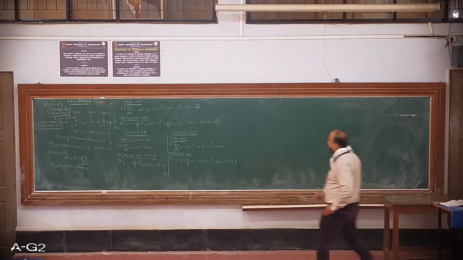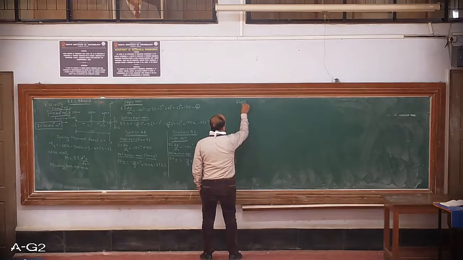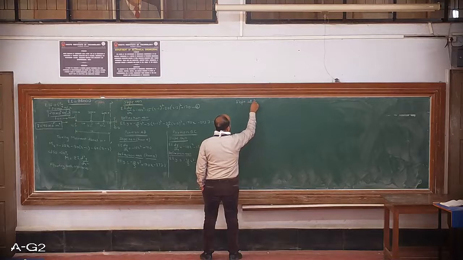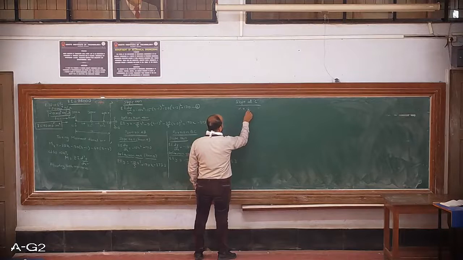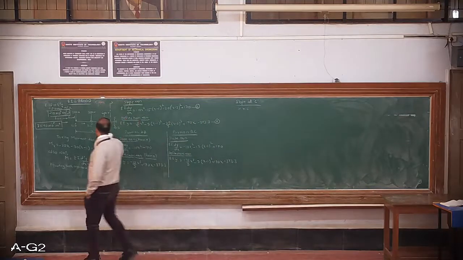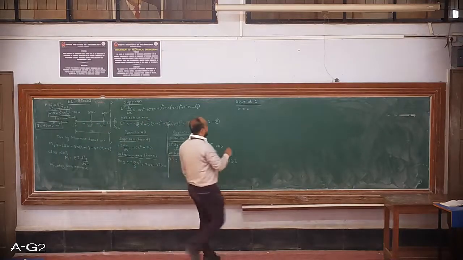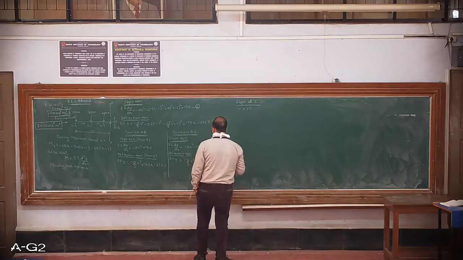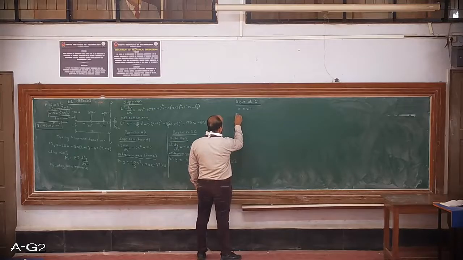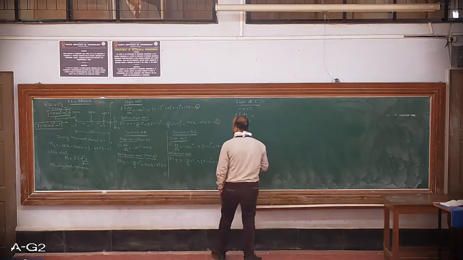Now first, slope at C. What is the value of x at C? Already we have marked here, x is equal to 2 meters. X is equal to 2. So modify this slope equation: EI dy by dx at C is equal to minus 10 into x square.